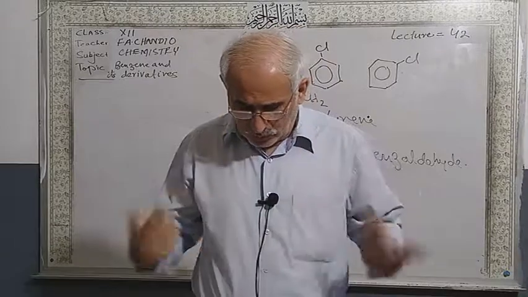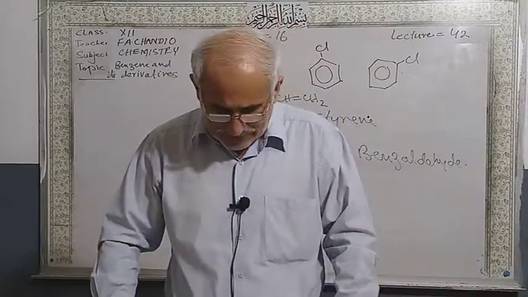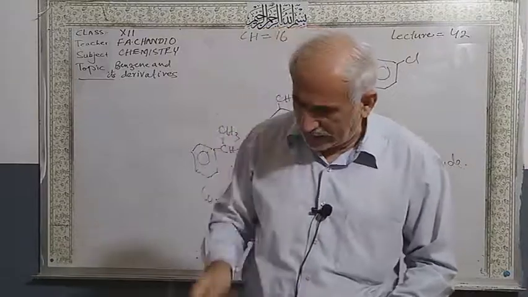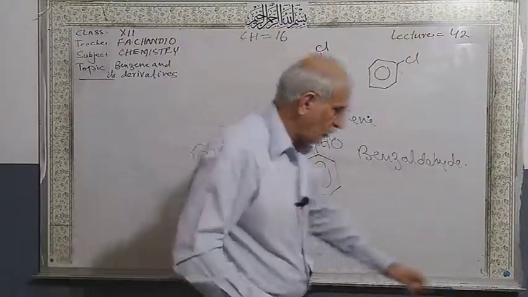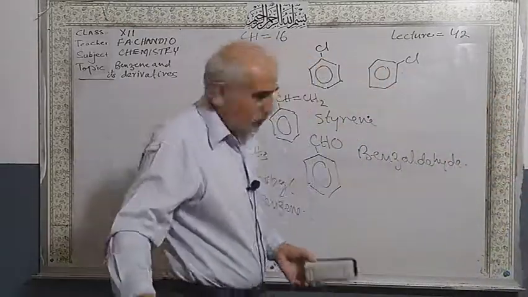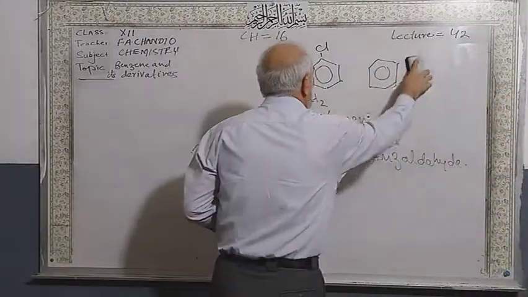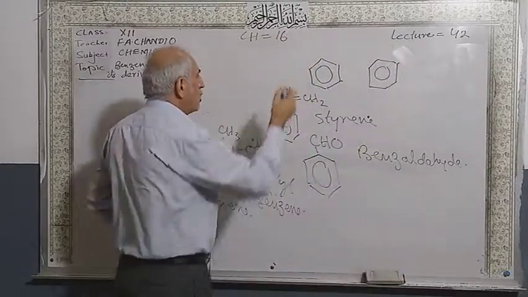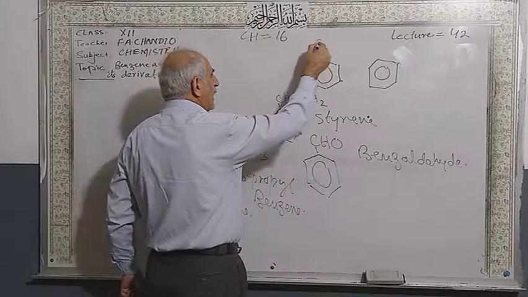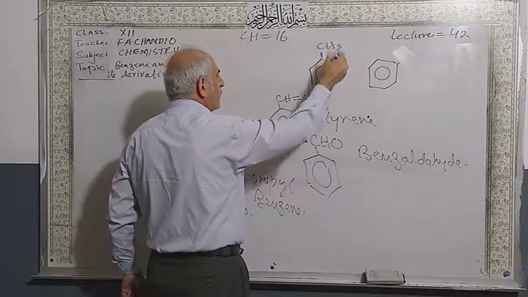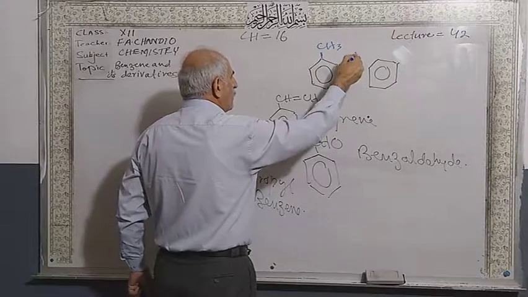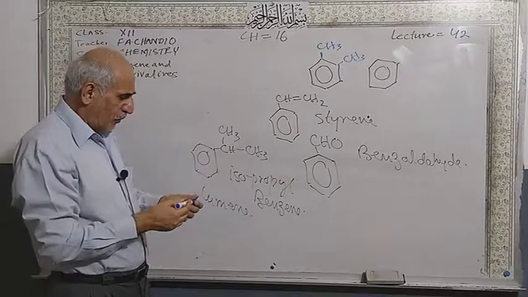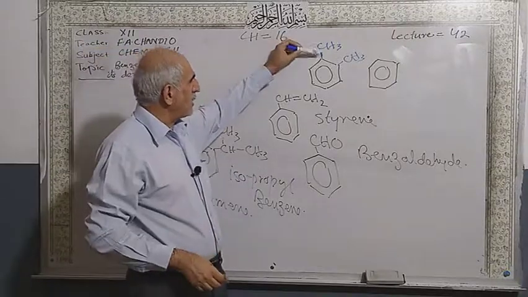When you put another group, we call it bisubstituted benzene, and there is a rule you have to follow. If there is an alkyl group and we put another alkyl group here, then you have to make one reference.